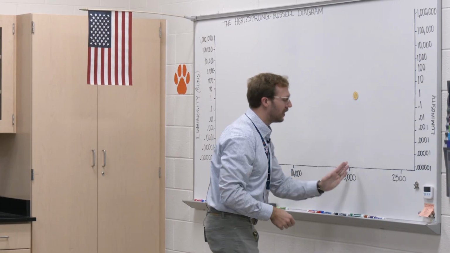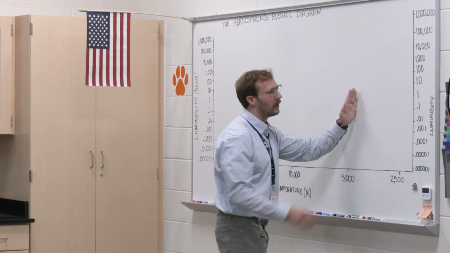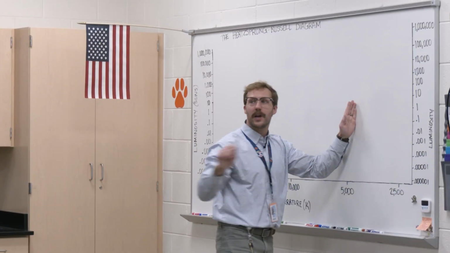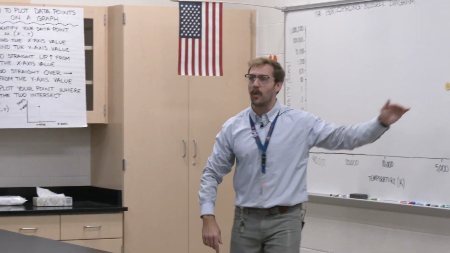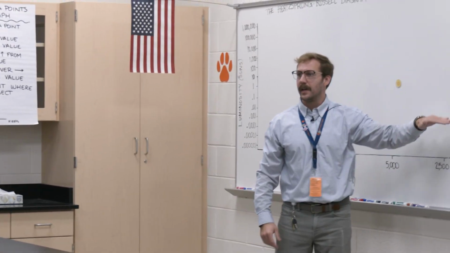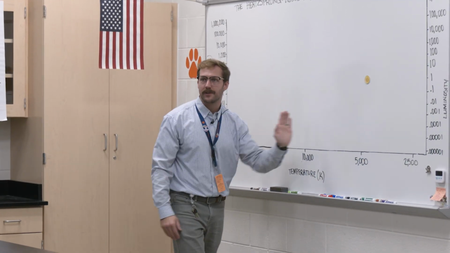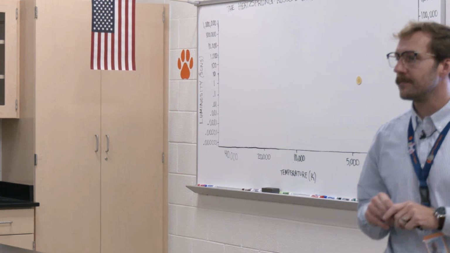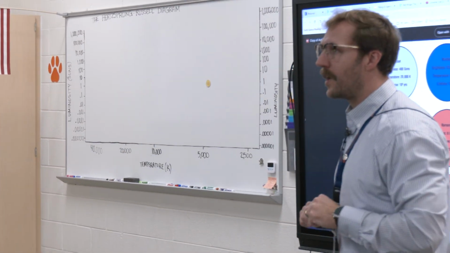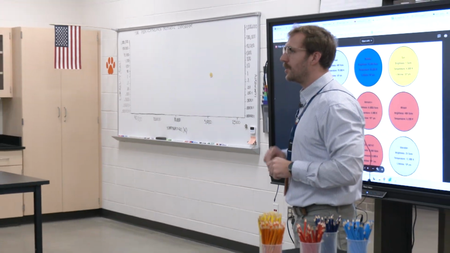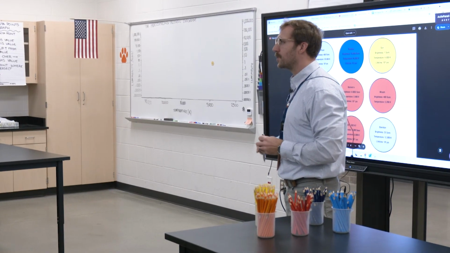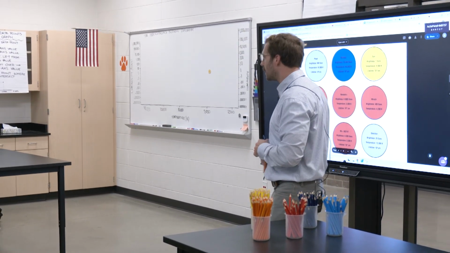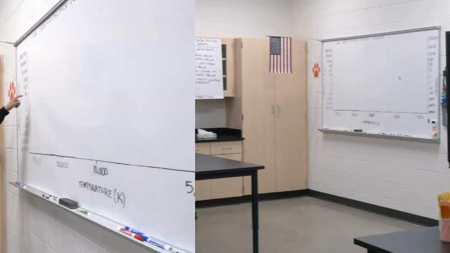So Isaiah, 4,800 up, 1 over. So what you guys should be doing right now is looking at where your brightness is and where your temperature is for each one of your stars, right? Now, once you guys are ready to plot your stars and you are confident that you know where each one of your stars are going to go, you can go up to the board and begin plotting them.